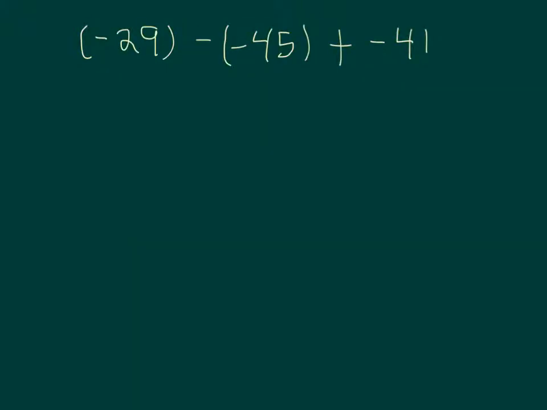With this problem here, I have a negative 29 minus a negative 45 plus negative 41. Looky here, there we have that negative negative again. So I'm going to rewrite this problem as a negative 29 plus 45 because the two negatives turn that 45 positive plus a negative 41.